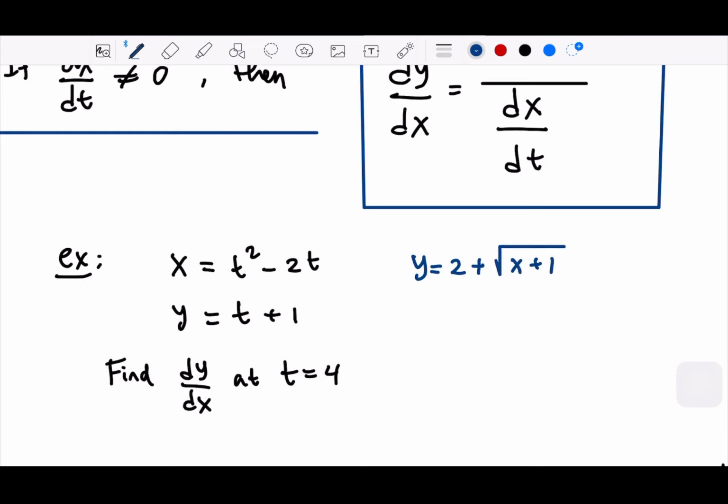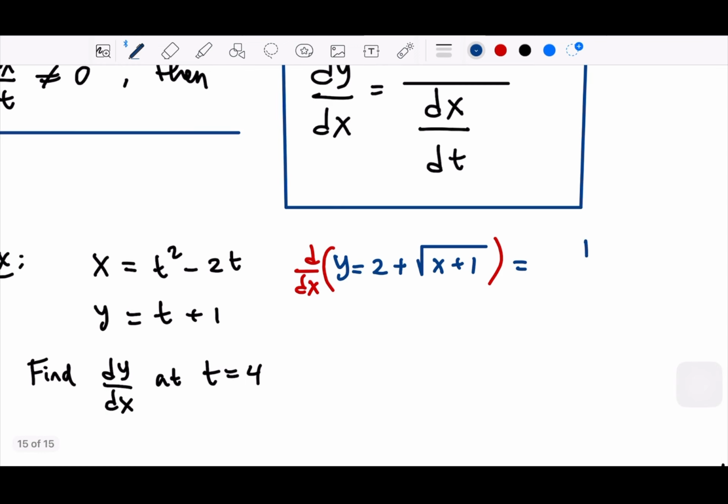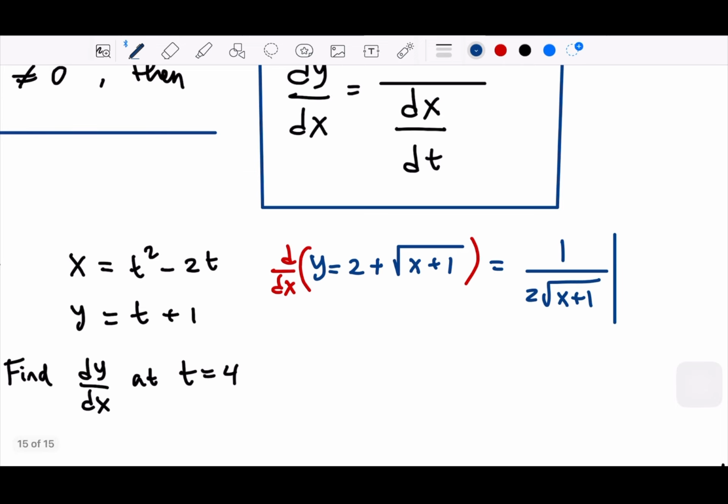Okay, this is one way, and then take the d dx, and you find that this will be equal to 1 over 2 square root of x plus 1, and for t equal 4, x is equal to what?